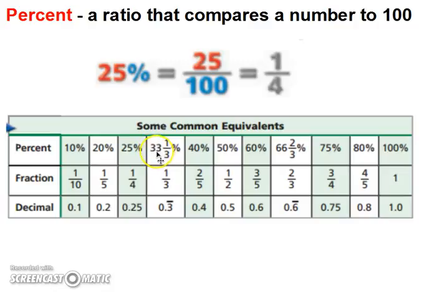So then we have 33 1/3%. Well, the fraction is 1/3, and the decimal is a repeating decimal as 0.33333 and keeps going. You may want to write this table down in your notes as a nice reference tool.